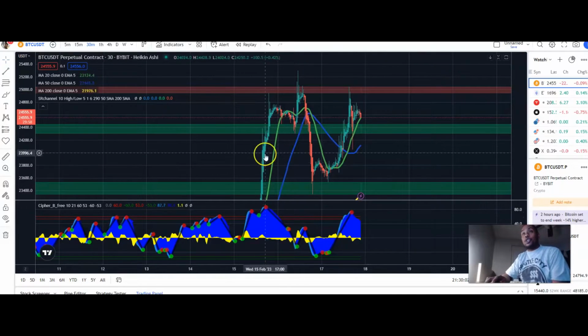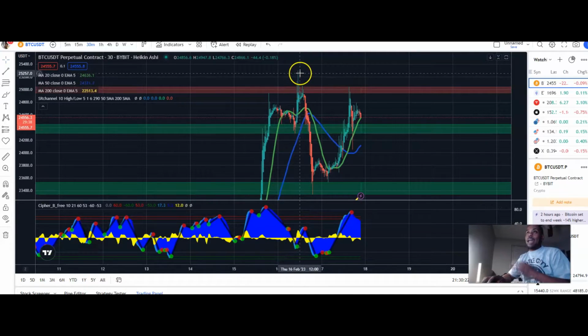Going back to what I was referencing before, we get this top out level here and we get our red dot indicating that the up move could be done. We could be seeing a move down just a tad bit here. As you can see, this money flow came all the way down and then we get this spike up to the upside and we actually create a higher high.